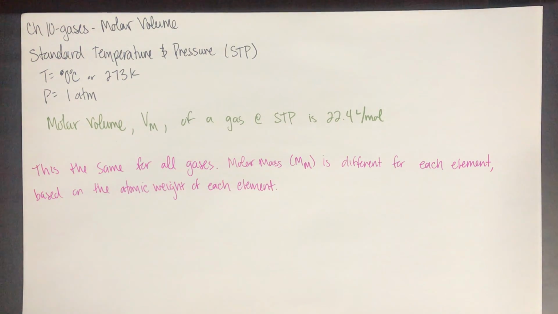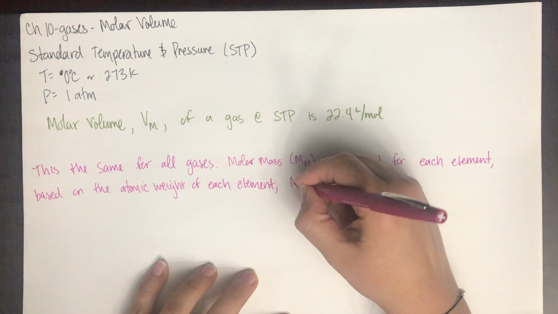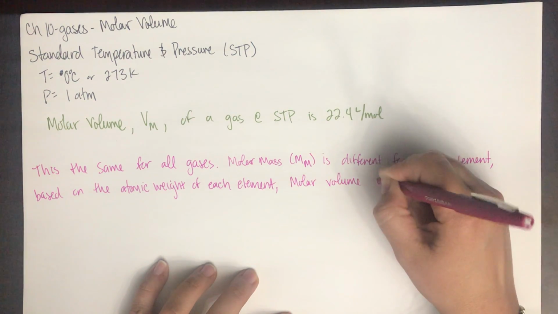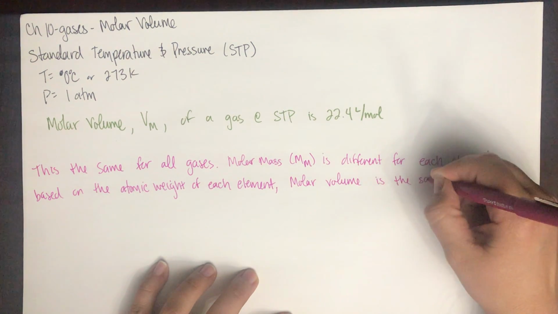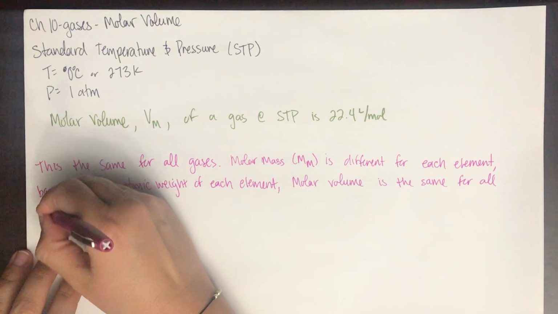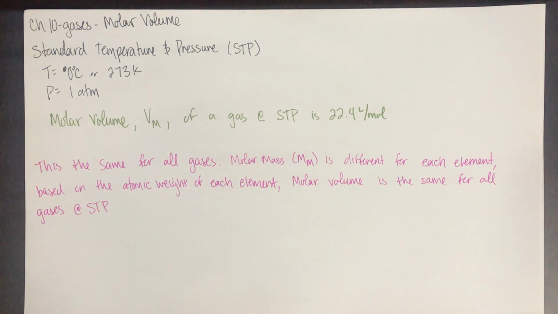Molar volume is different than molar mass in that the molar volume is the same for all gases at standard temperature and pressure.